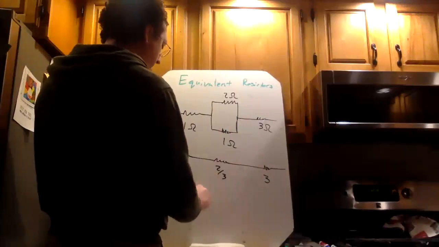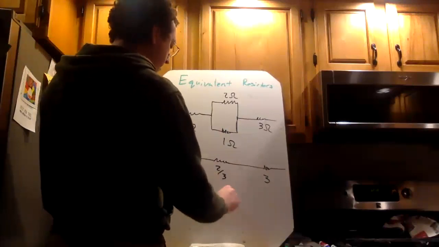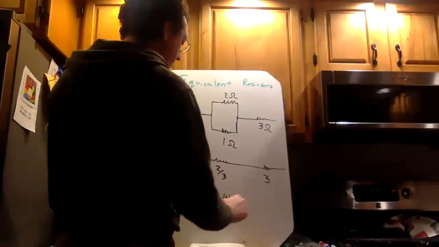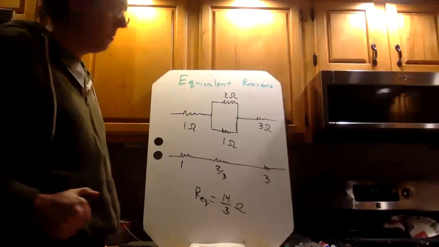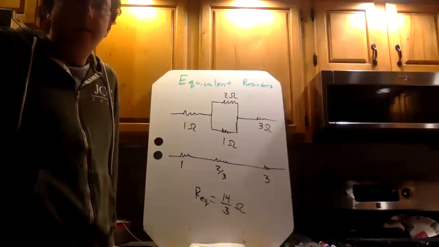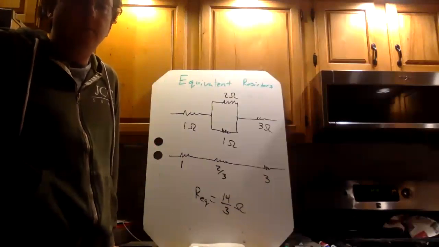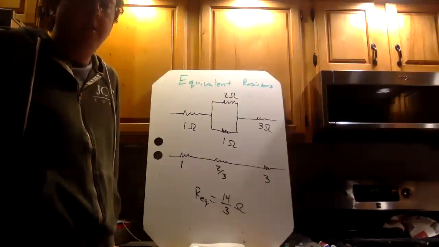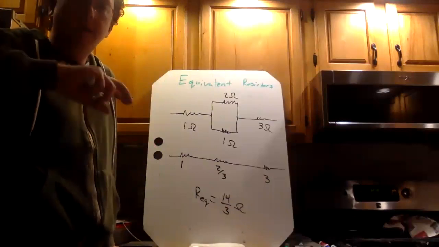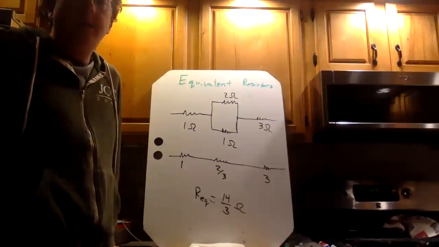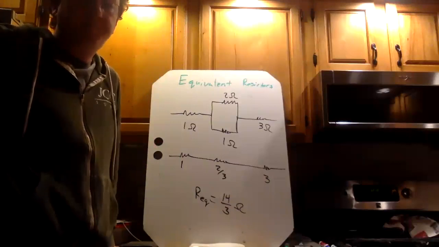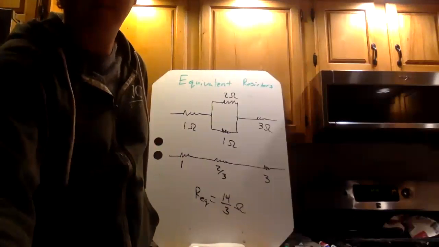So I get R equivalent equals 14/3 ohms. Okay? And in that way, you can systematically simplify things by breaking them into little pieces which are separately parallel and series, and then you just work your way through a circuit and you can build up ever more complicated examples. Okay, stop there.